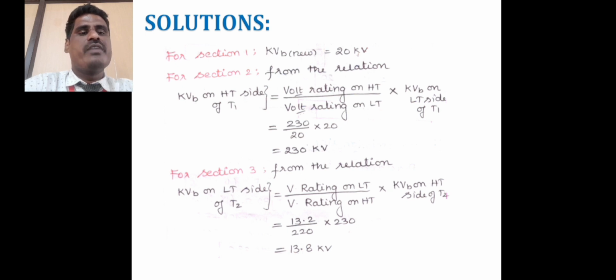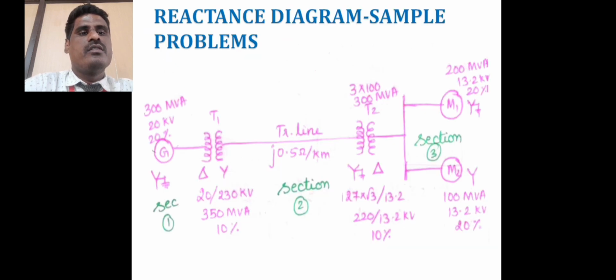And for section 3, from the relation kVb on LT side of T2 equal to voltage rating on LT divided by voltage rating on HT into kVb on HT side of T2. So, actually in transformer 2, 13.2 divided by 220. Please see the value for transformer 2, that means the kV value 220 divided by 13.2 kV.